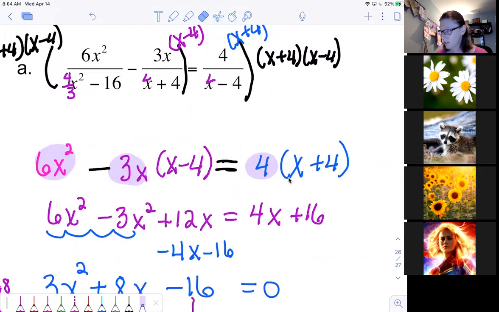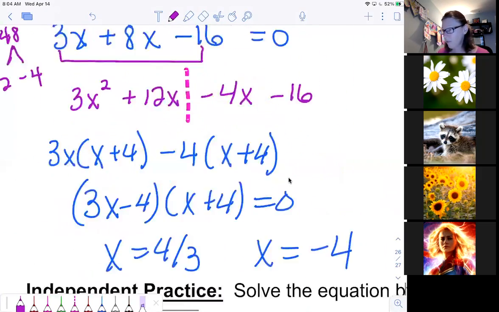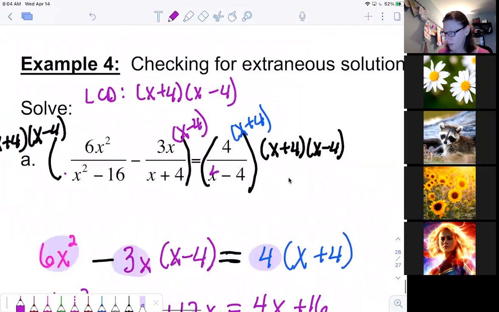However, if we plug in a -4, -4 squared is 16. 16 minus 16 is 0. -4 plus 4 is also 0.